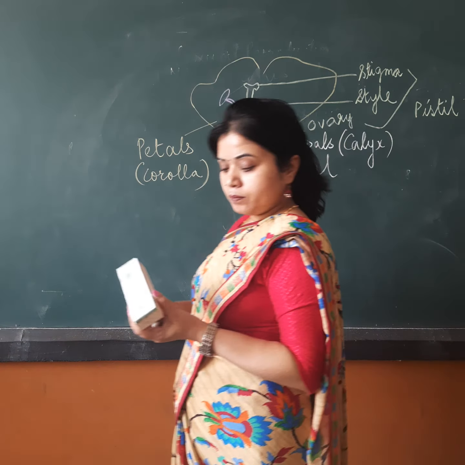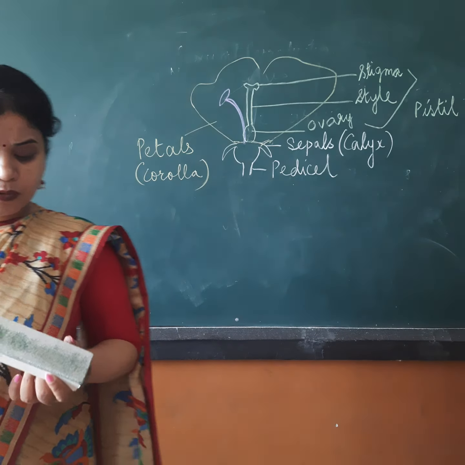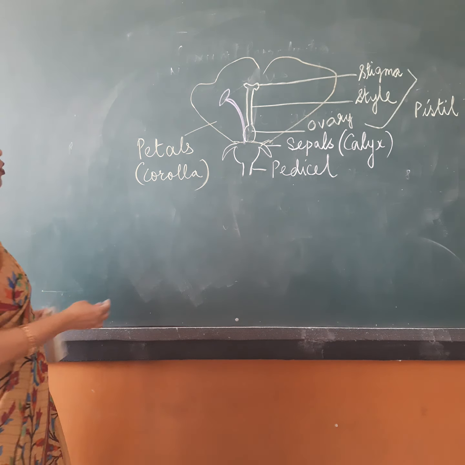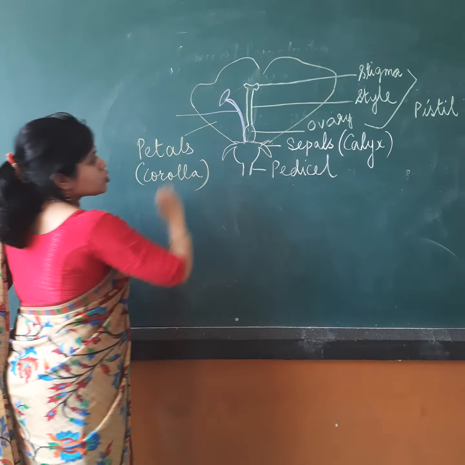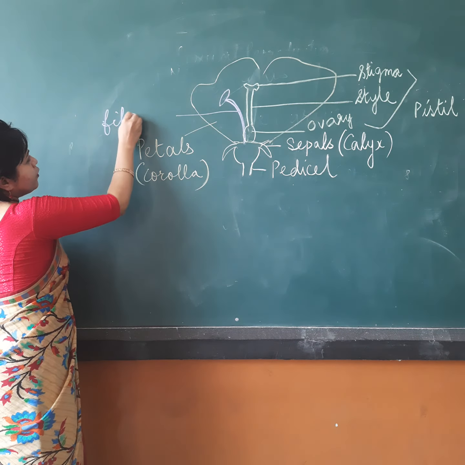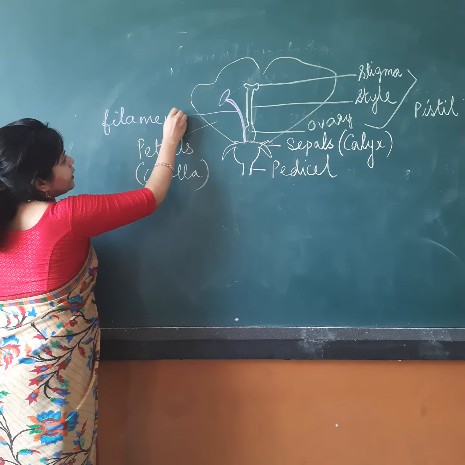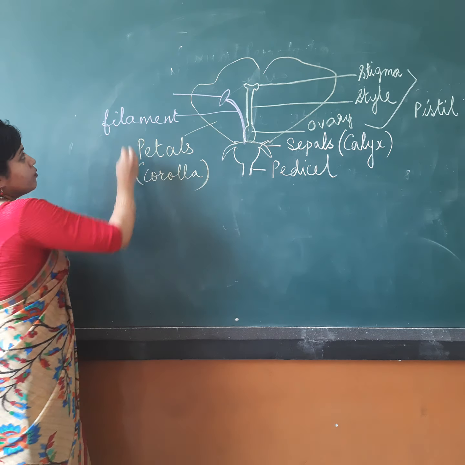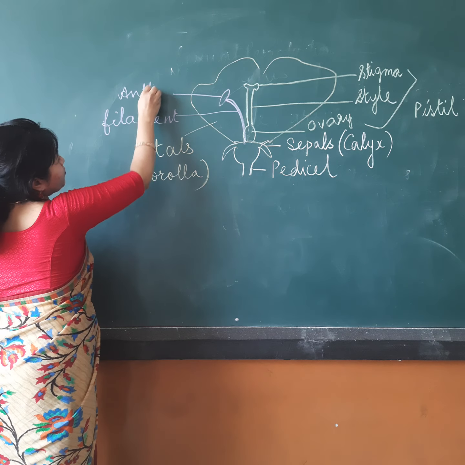Now let's come to the male reproductive organ. Now male reproductive organ, it consists of a stalk, that is called as filament, and a knob-like structure which is called as anther.